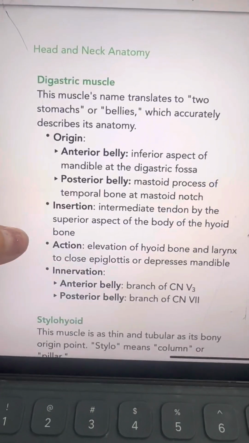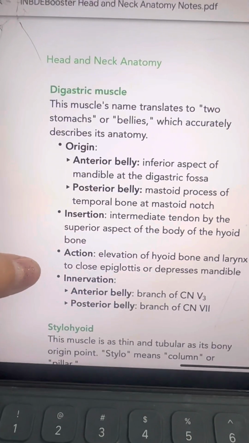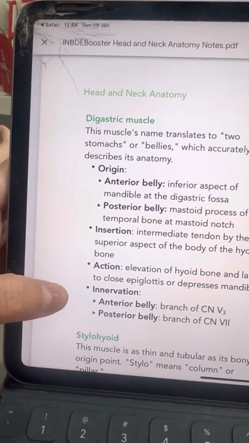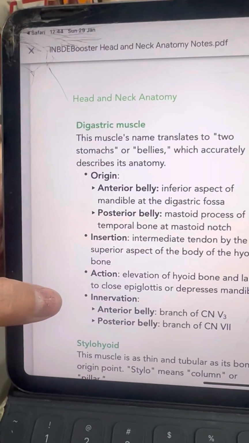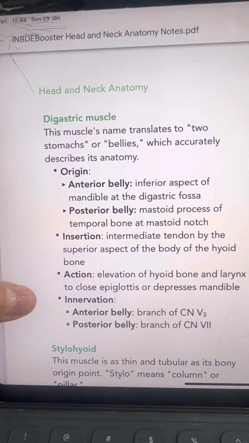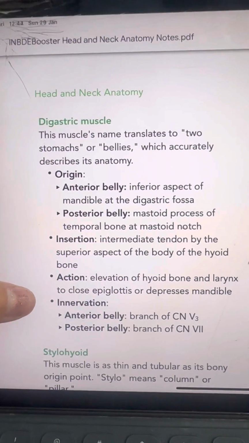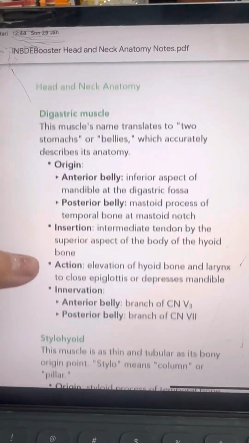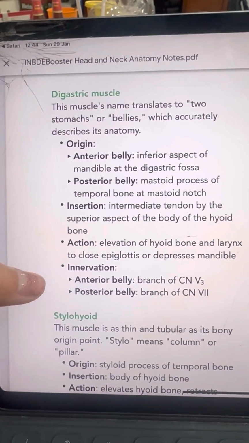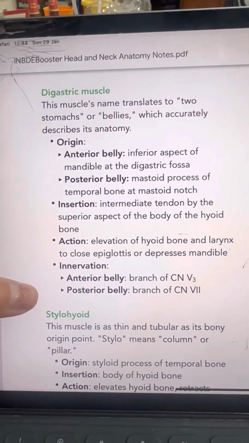Digastric muscle. This muscle's name translates to two stomachs or bellies, which accurately describes its anatomy. Origin: anterior belly, inferior aspect of the mandible at the digastric fossa; posterior belly, mastoid process of the temporal bone at the mastoid notch.